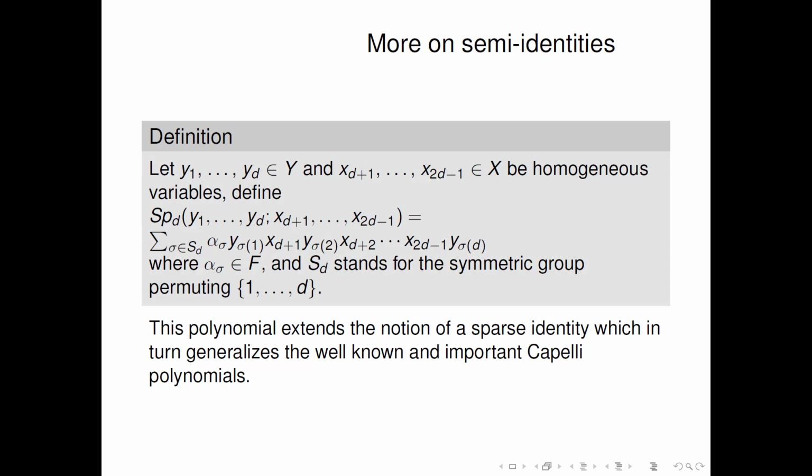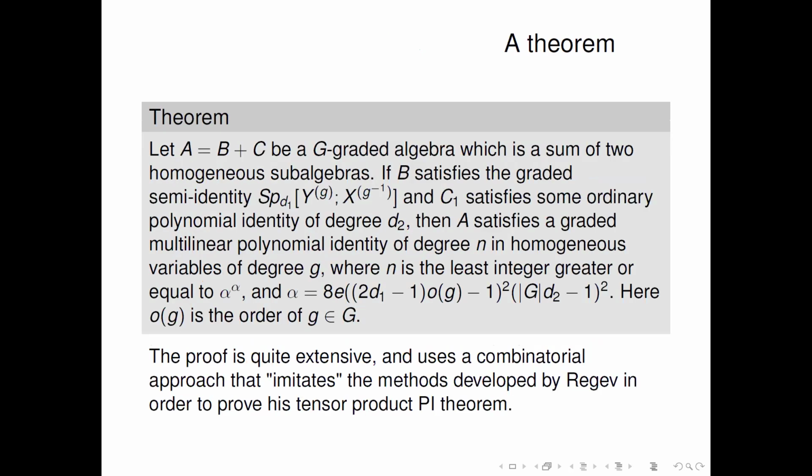In fact, it extends sort of the notion of a sparse identity. And if you take this alpha sigma to be the sign of sigma, you get the well-known Capelli polynomials, because they are quite important in PI theory.